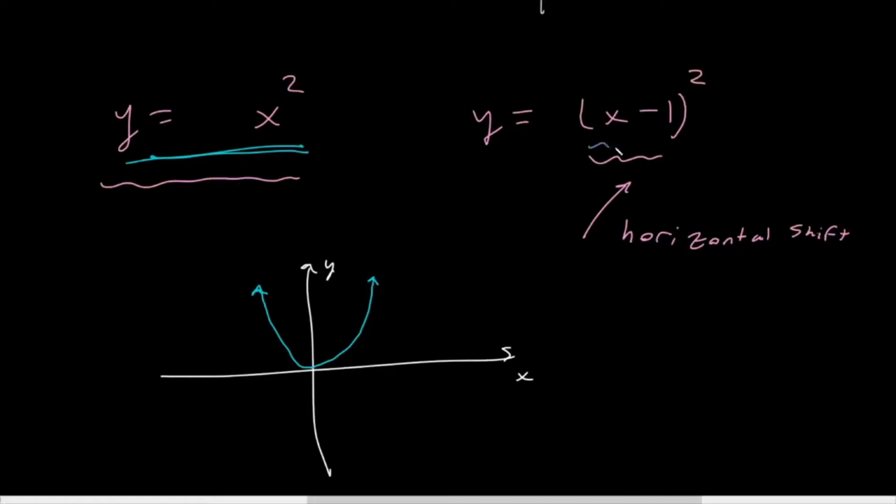So this is shifted 1 to the right. Instead of the vertex being here, the vertex is going to be here. There we go, that looks better. So this will cause horizontal shift, and I'll show you on Desmos again.